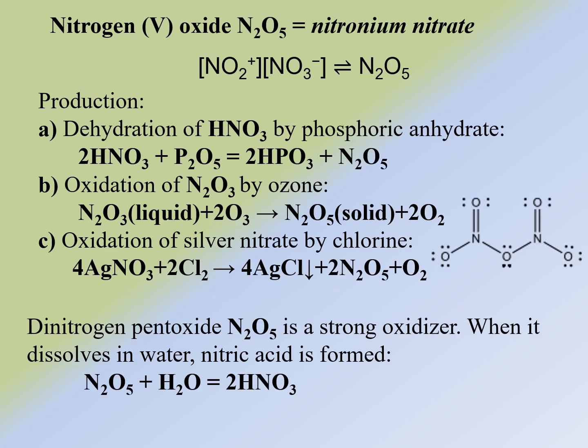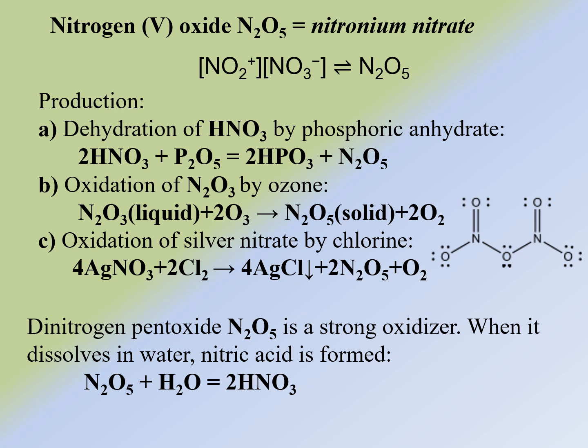And finally, the last oxide of nitrogen, that is nitrogen 5 oxide, N2O5, or as they say, dinitrogen pentoxide. The cool thing about this substance is that in the solid state and even in the liquid state, this is an ionic compound. Ionic. Why?